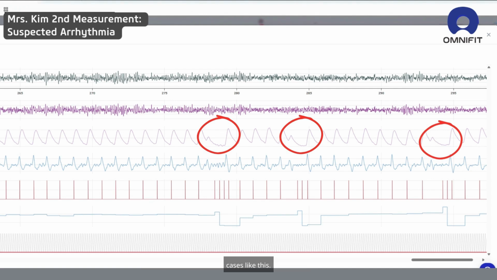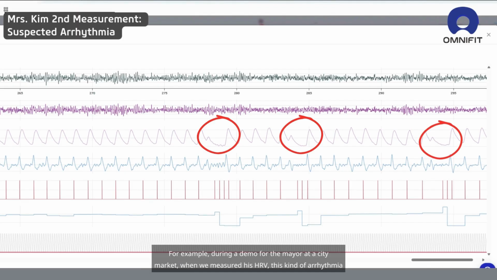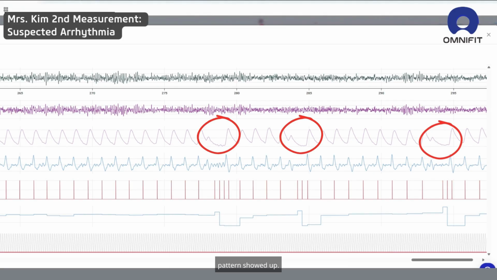For example, during a demo for the mayor at a city market, when we measured his HRV, this kind of arrhythmia pattern showed up. So, we told the mayor right away, "It looks like you have arrhythmia." He said, "No way, let me try measuring it again," but the arrhythmia pattern showed up again.